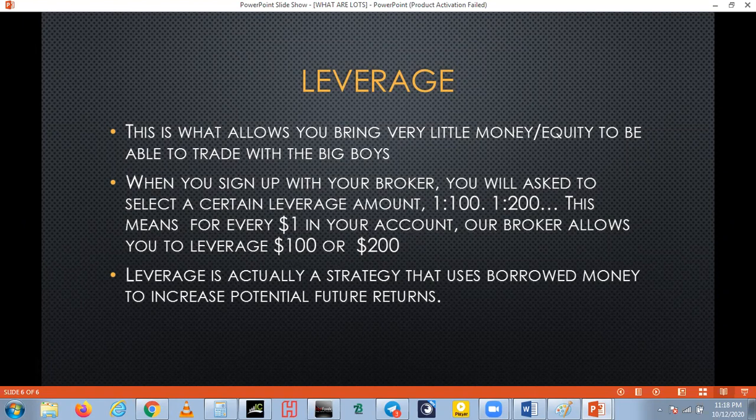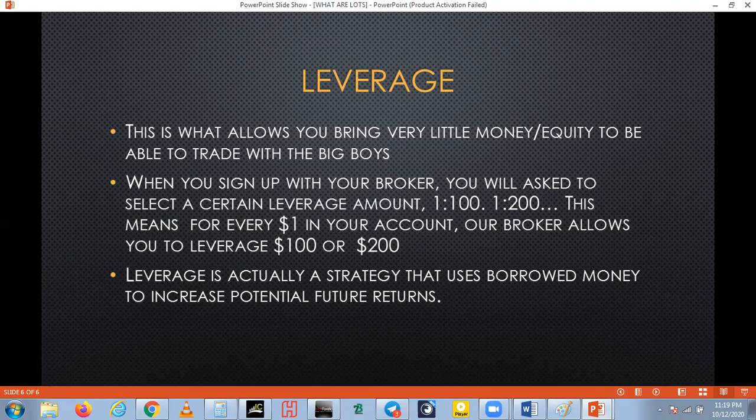They're not actually lending you their real money, it's just to help you get entry into the market, and your money is your money. You're actually risking your own money, not theirs.